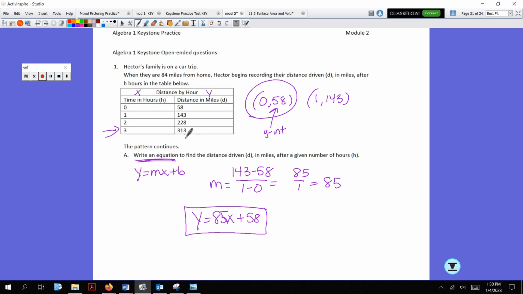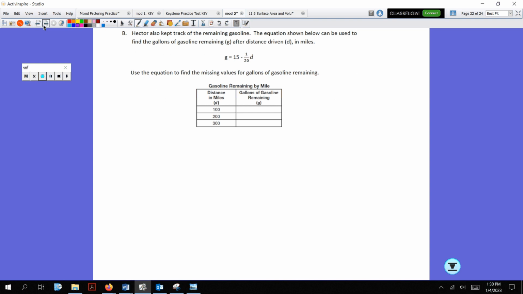All right, part B says, Hector also keeps track of the remaining gas. The equation shown below is used to find the gallons of gas remaining after the distance is driven in miles. So what we're doing is plugging in. See this says B? We're just going to plug in this value here.